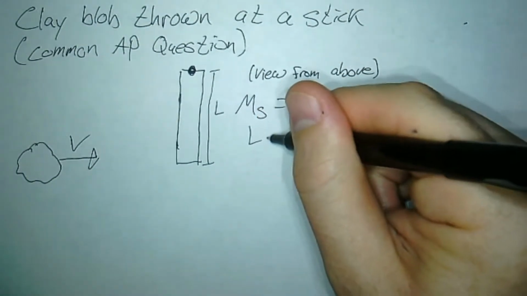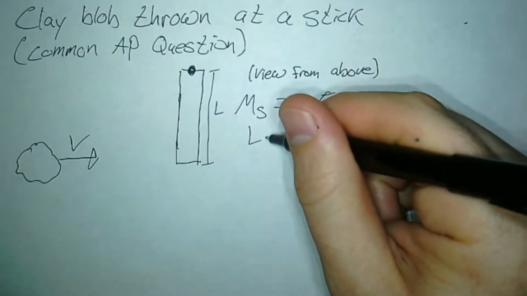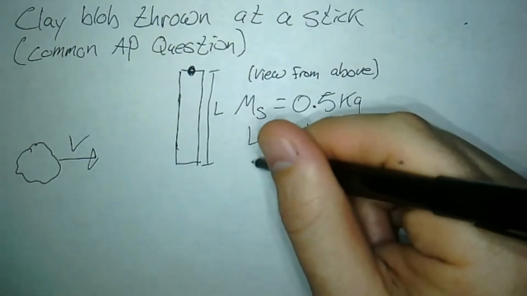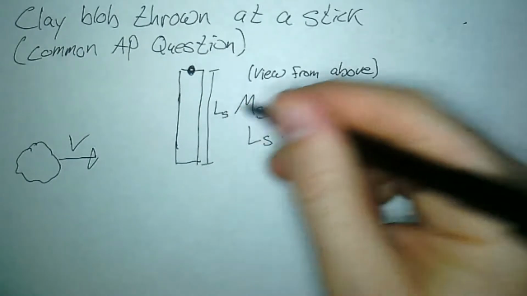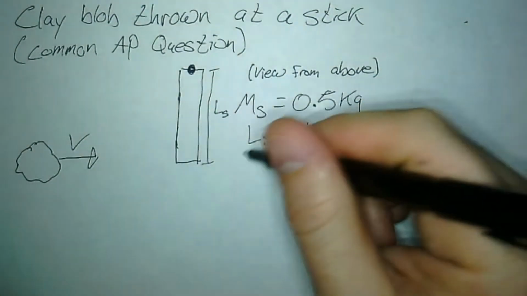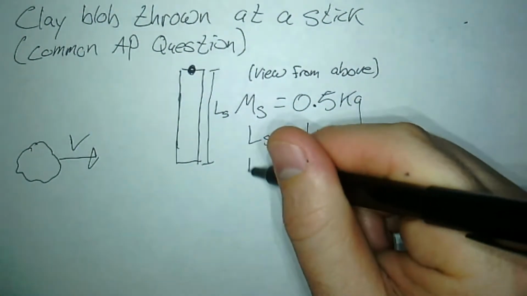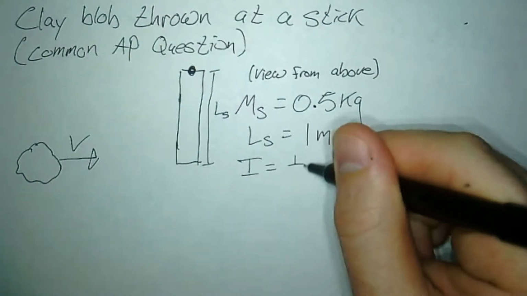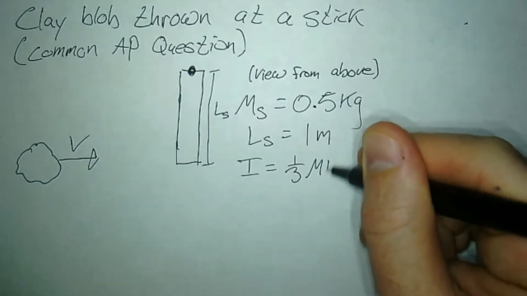The length of the stick is a meter long, just for consistent notation. It's initially at rest, and its moment of inertia, because it is a stick rotated about one end, is going to be 1/3 ml squared.